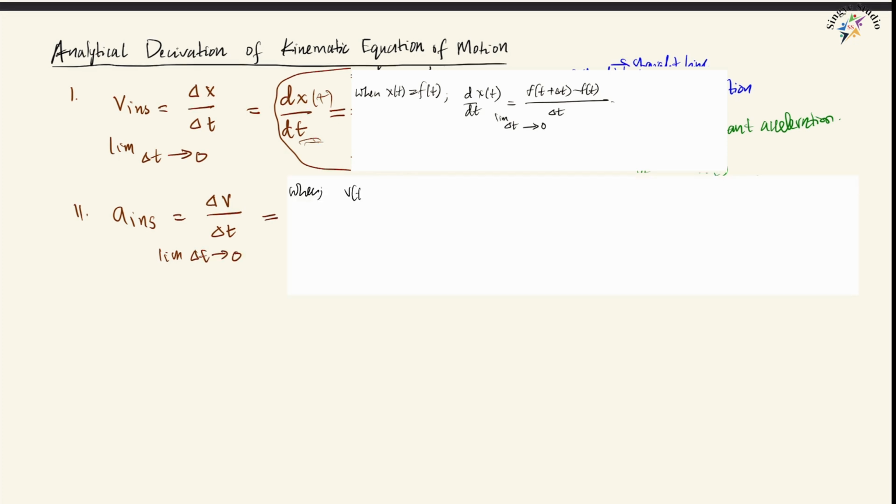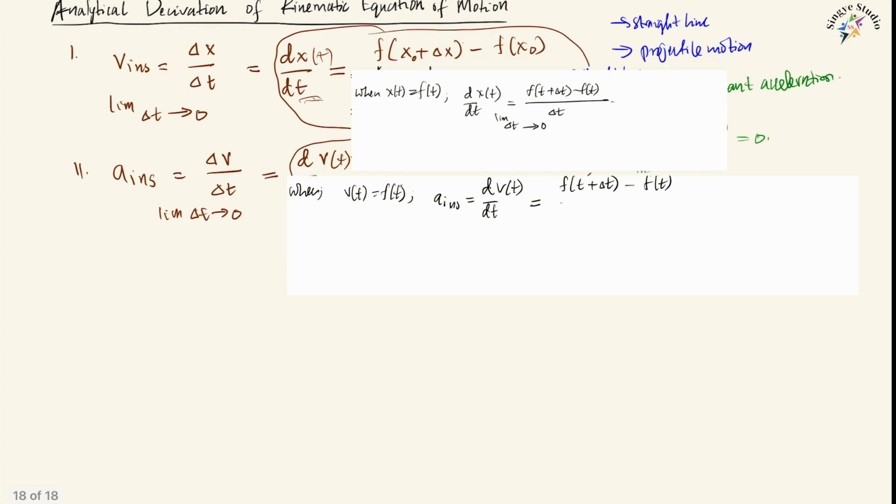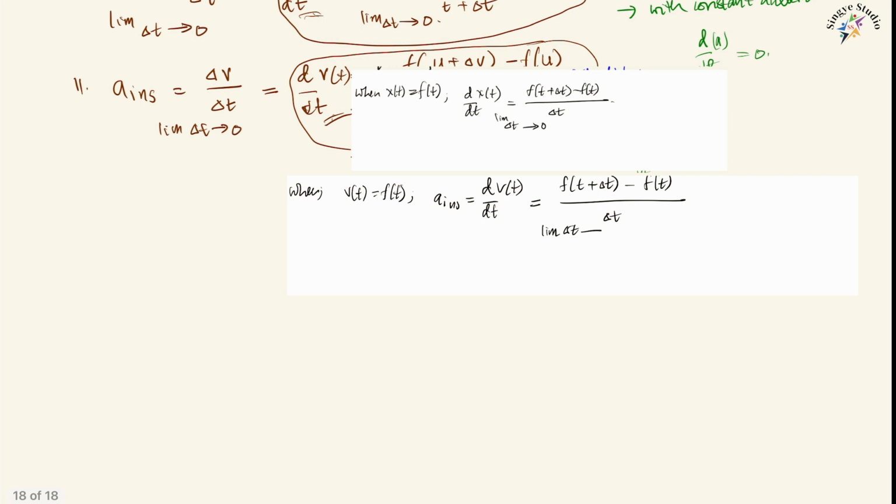When the velocity is a function of t, we can write instantaneous acceleration as the rate of change of velocity with respect to time, which expands to the general calculus definition: f(t plus delta t) minus f(t), divided by delta t, in the limit as delta t approaches 0. So this is the general definition of differentiation.